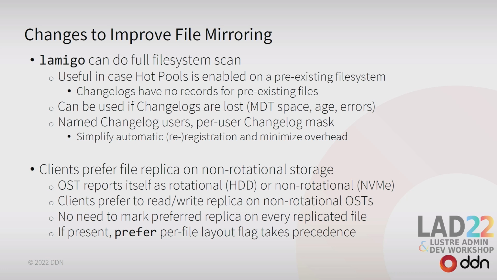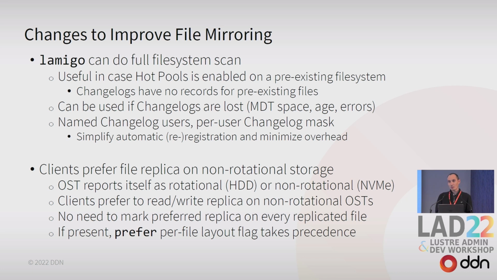Another enhancement is the possibility to know the rotational status of a given pool. So it means, are you defining a pool that consists of disks or of NVMes, of SSDs? So it's possible for Lustre to report this status. If you define a pool, then you can have access to the information whether it's based on rotational or non-rotational storage.